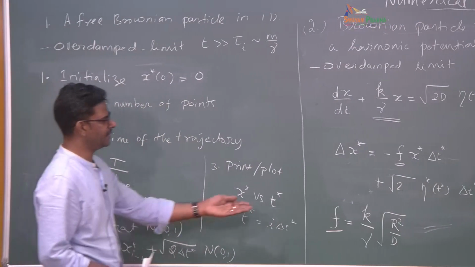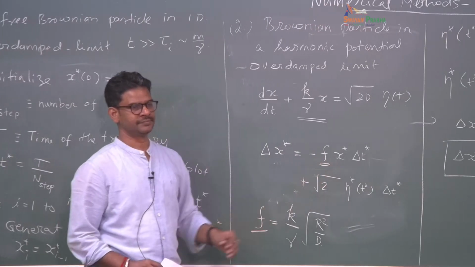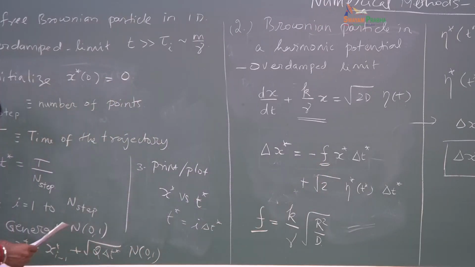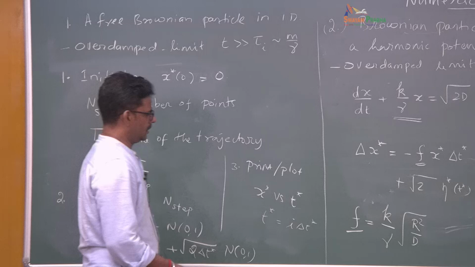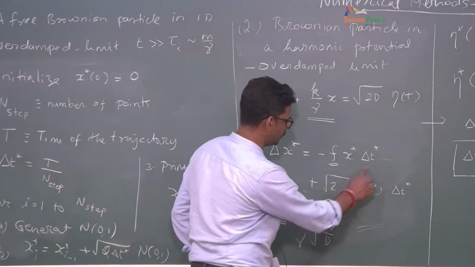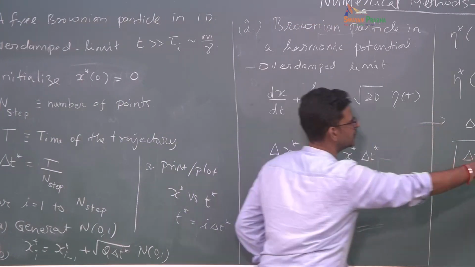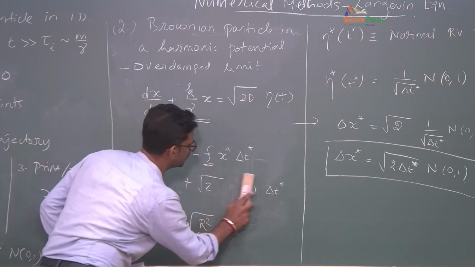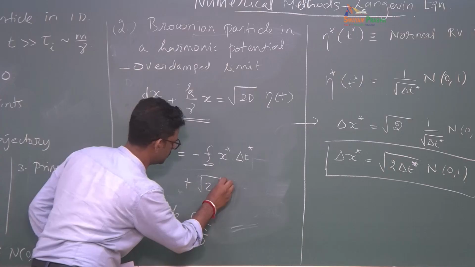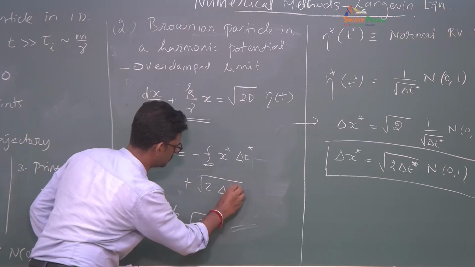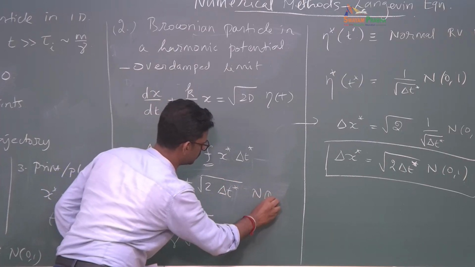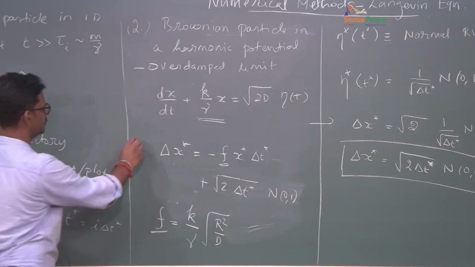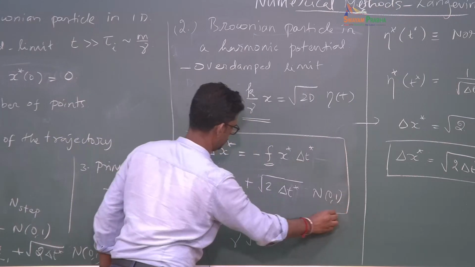It enters basically as a parameter. And if you want to write this in terms of a normal random variable, we can write it as follows. So this is going to be our displacement over delta t.